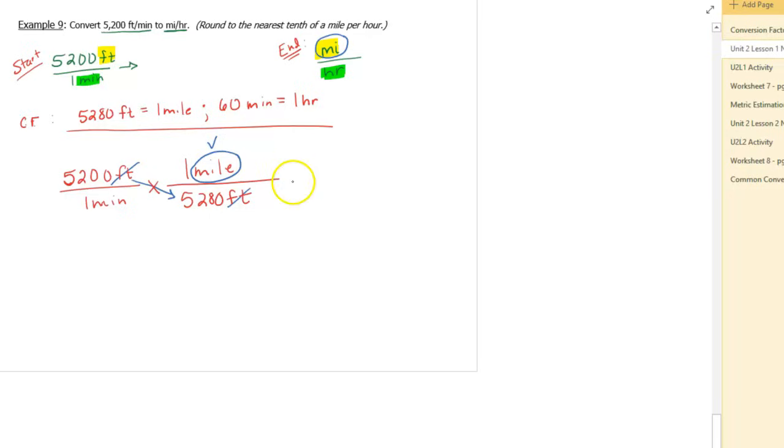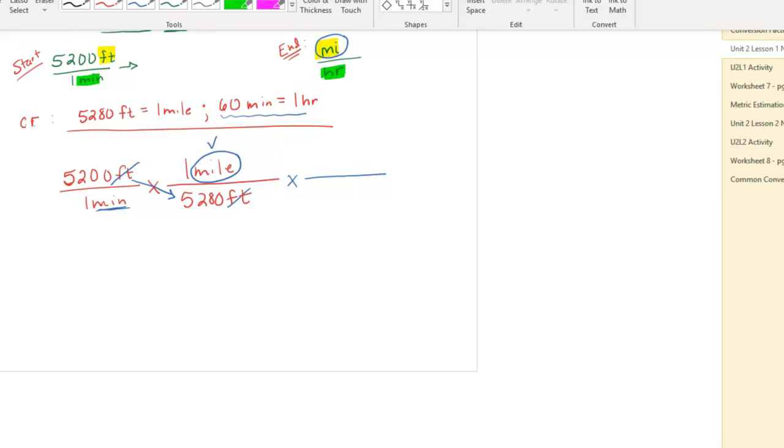So now we can change our focus to the bottom. Now, one thing you need to understand is that something here can also cancel with a fraction over here. It doesn't have to be right beside it. So we're going to just keep this string going, but now we're going to focus on getting rid of minutes. So we're going to use this one next. And the minutes, where would they have to go?